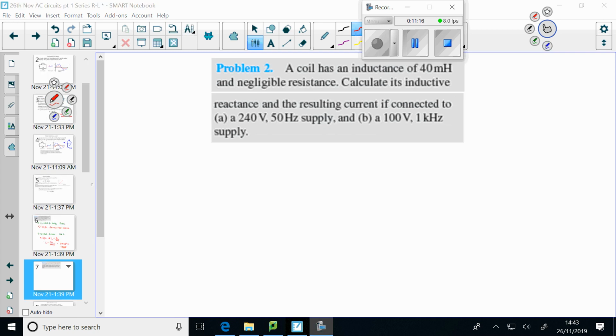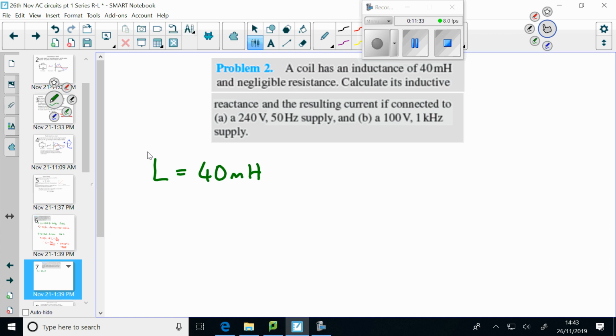Problem 2. The coil has an inductance of 40 millihenries. So let's pull the information from the question. L is 40 millihenries. Negligible resistance.